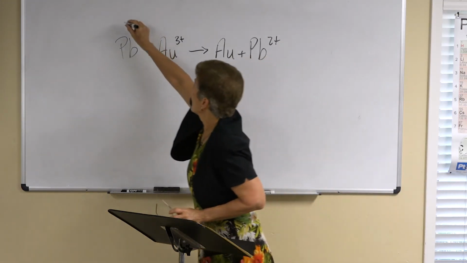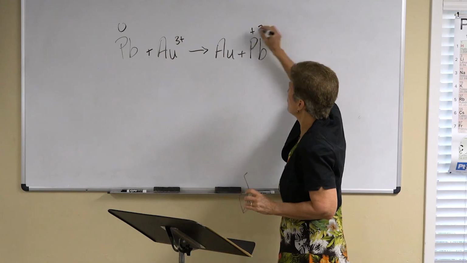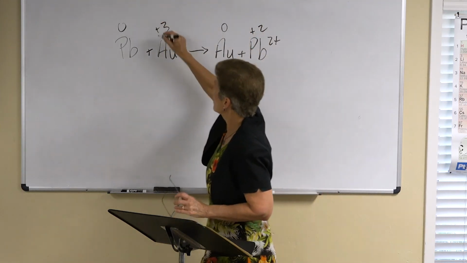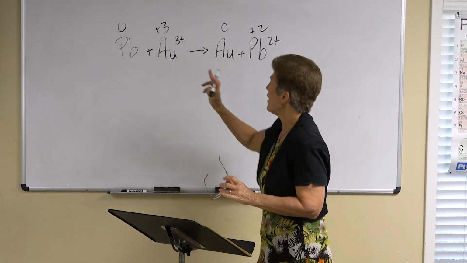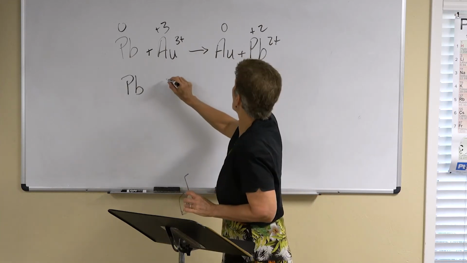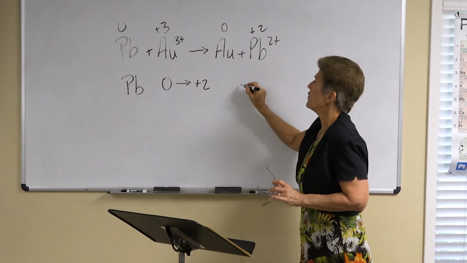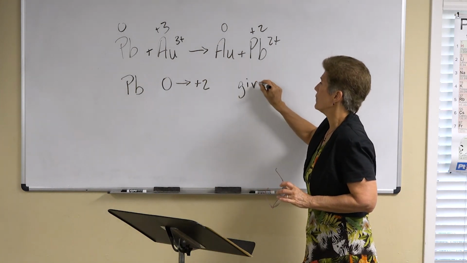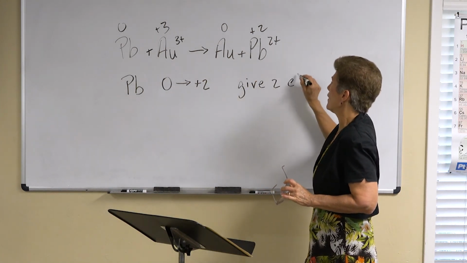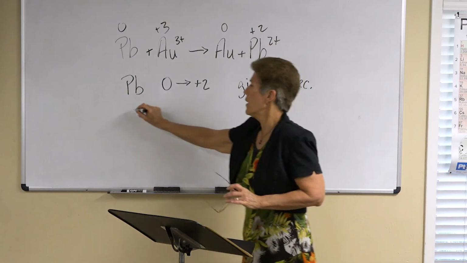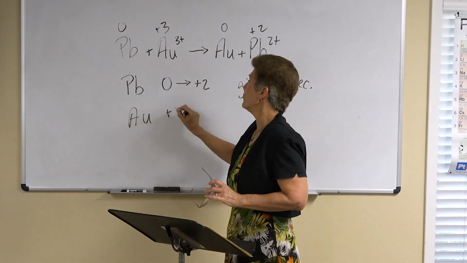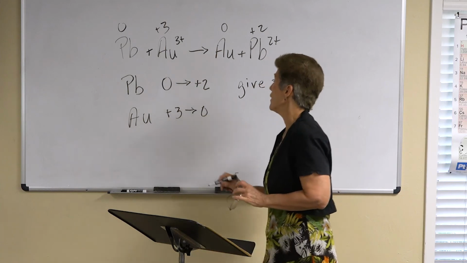Okay. 0 plus 2, 0 plus 3. Here we have lead going from 0 to +2, so it is giving 2 electrons. Here gold is going from +3 to 0.